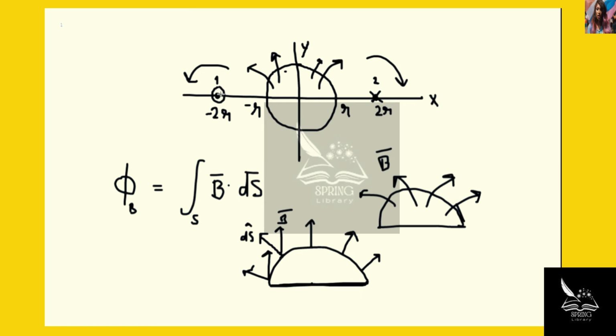If this is the x-axis and z is coming out of the page, then looking along from this direction, it looks like this.